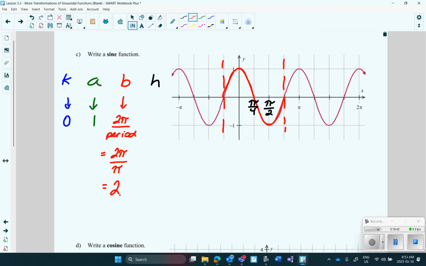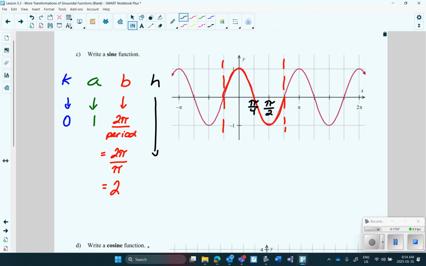And finally, H. How did it shift? Remember, normally it's supposed to start on the y-axis at the midline. Normally it's supposed to start here. Where did it start? Here.